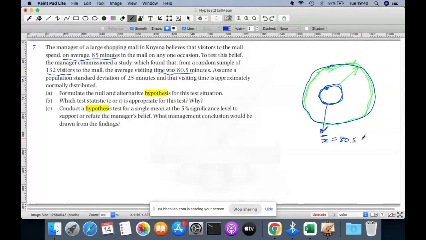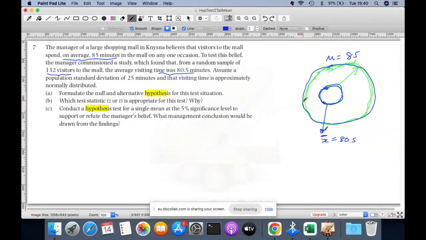That's what we found to be their average shopping time. Now, for the population, what they claim or believe is that the true average is 85 minutes. So we believe mu, which is the population average, to be 85 minutes.